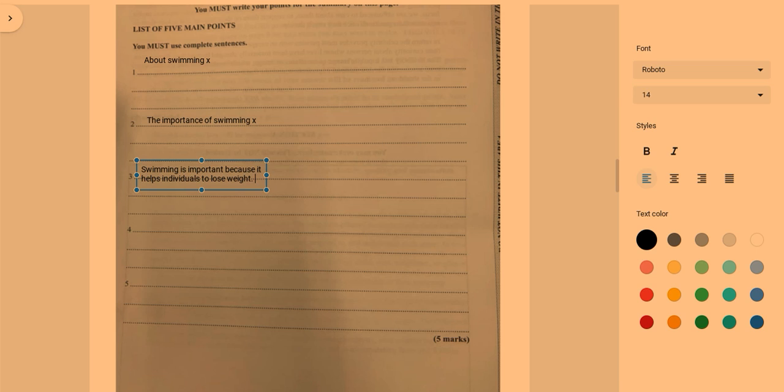So number 3 clearly is a better main point. Number 1, again, it's a fragment about swimming. It doesn't say much. Number 2, the importance of swimming, insufficient. However, a better one would be swimming is important because it helps individuals to lose weight. So your main points must be written in complete sentences.